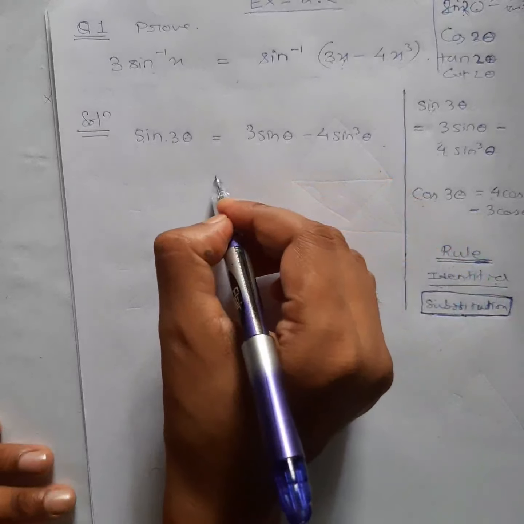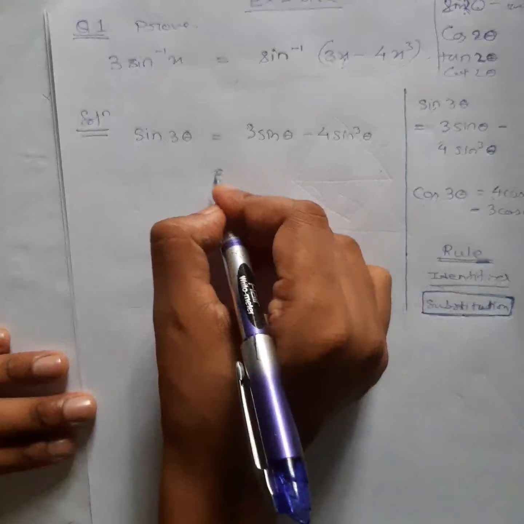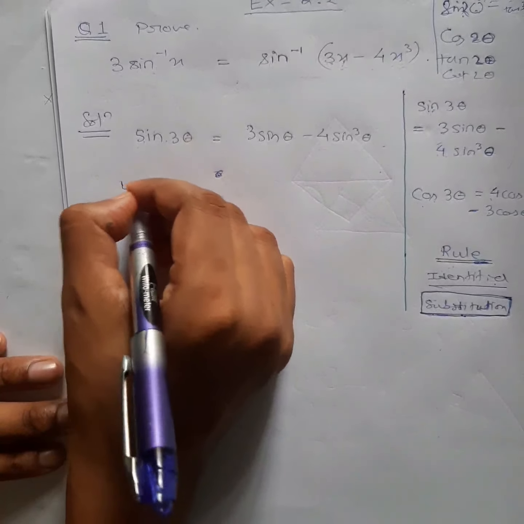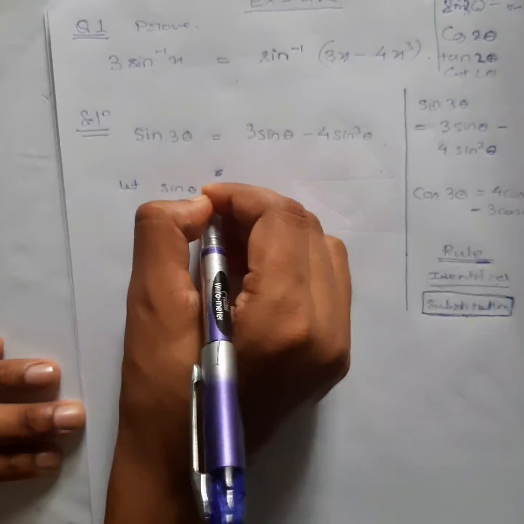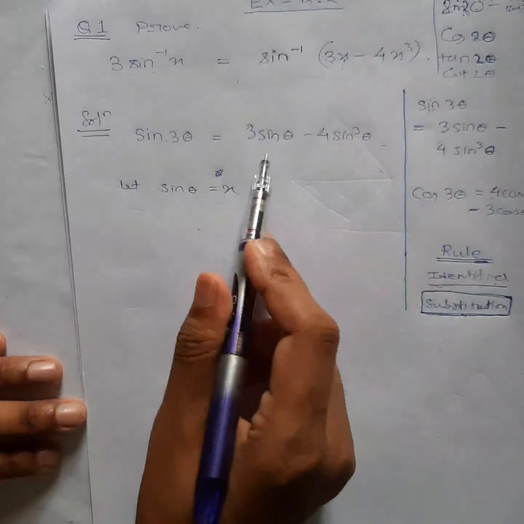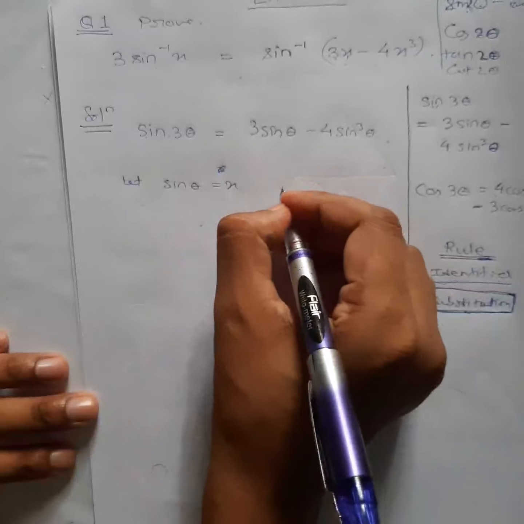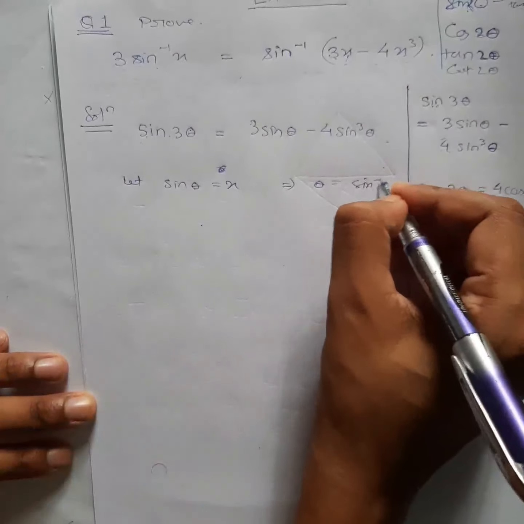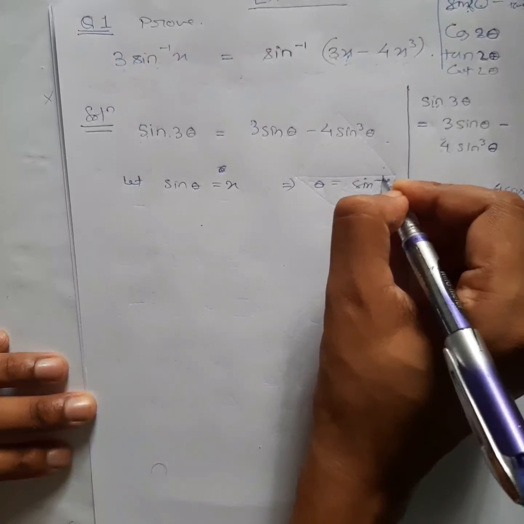So see what I will do. In place of sine theta, if I substitute x, let sine theta equal x. So if I substitute x here, what will your theta be? It implies theta is equal to sine inverse x, bringing sine to this side. I have to convert.